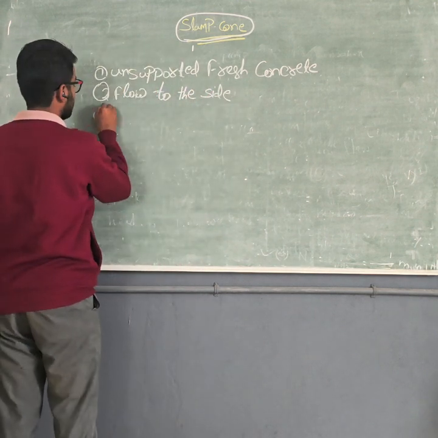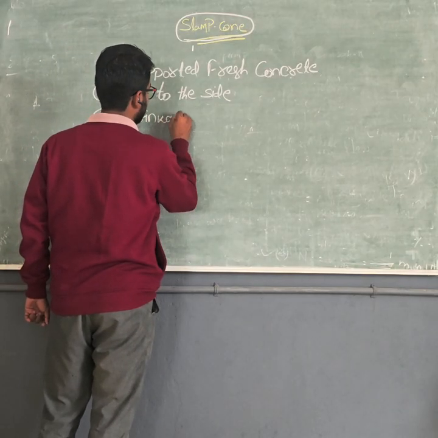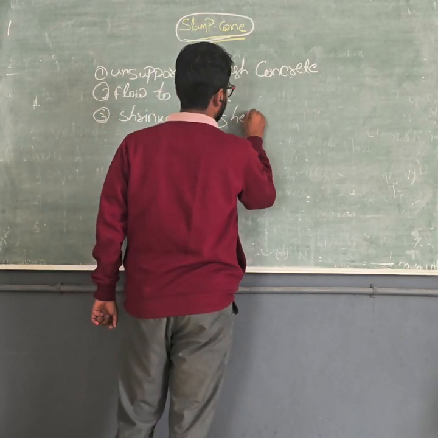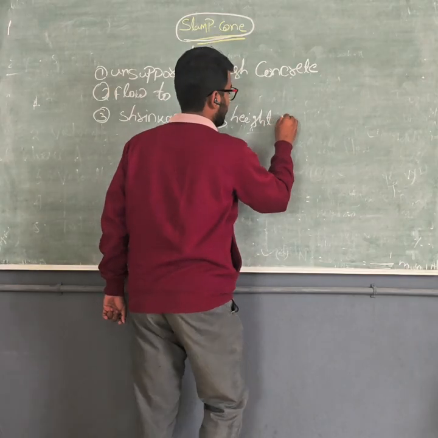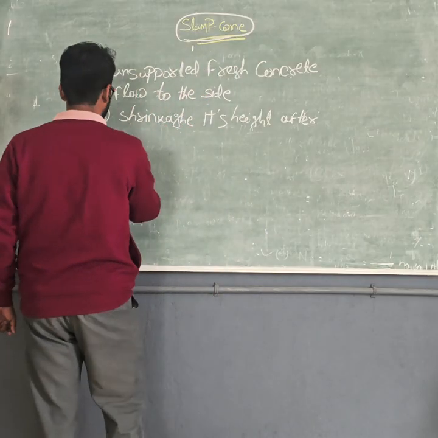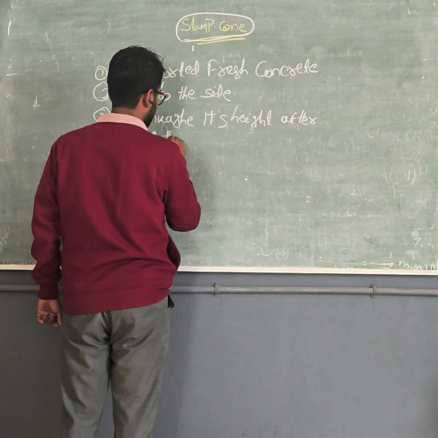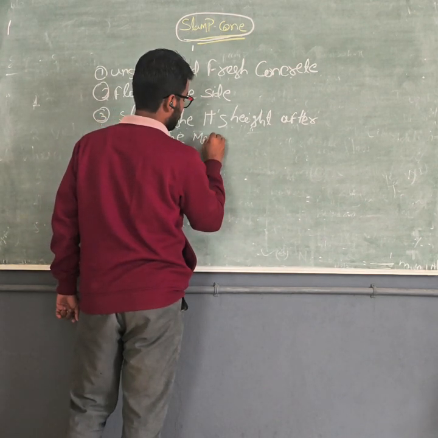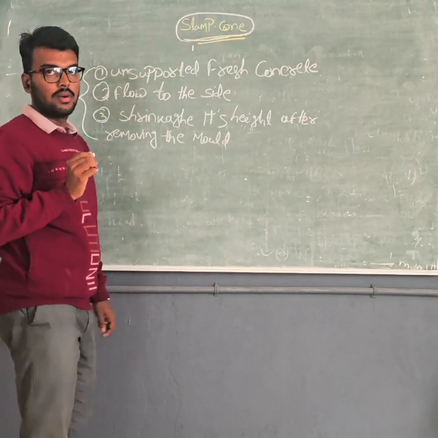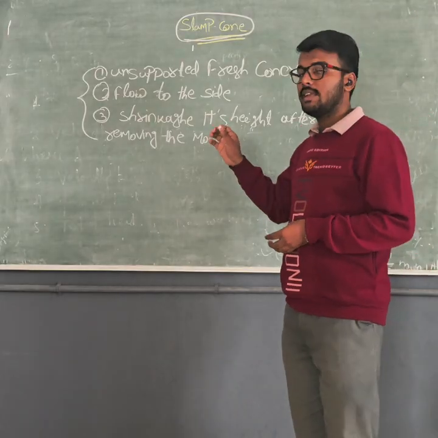And the third thing is its shrinkage in height after removing the mold. These three phenomena will define the slump. These three phenomena, which are created on the vertical side, are known as slump.